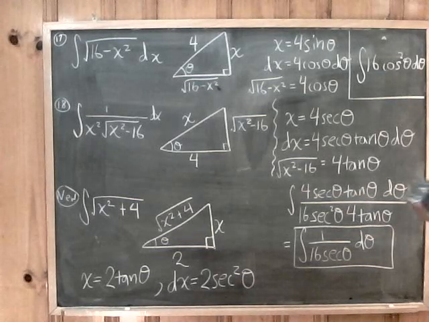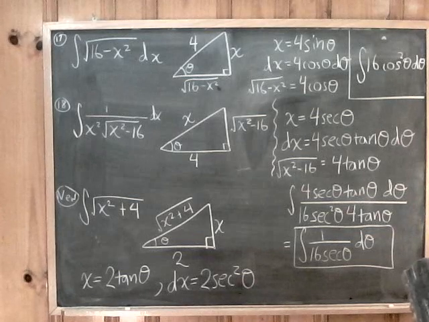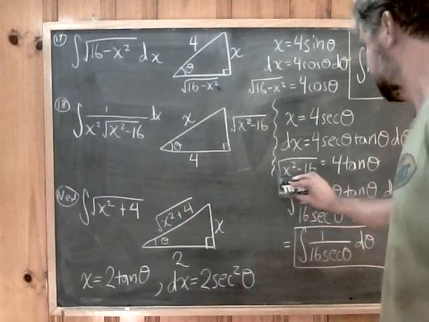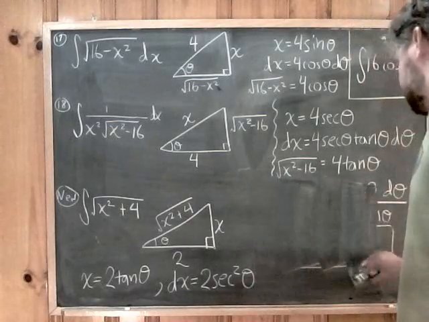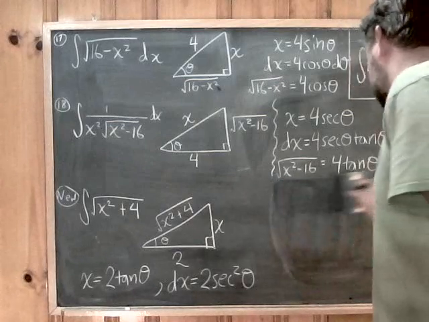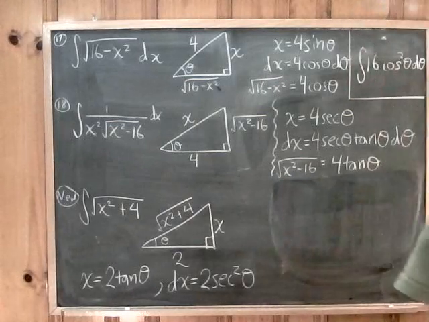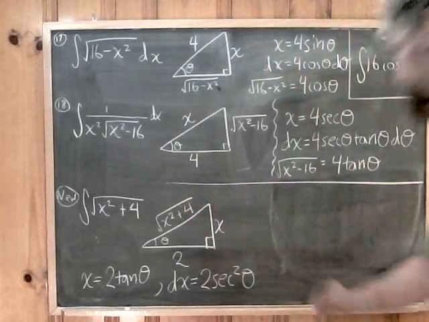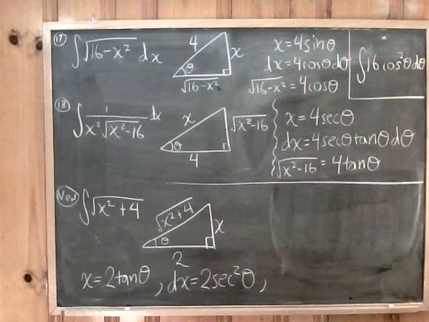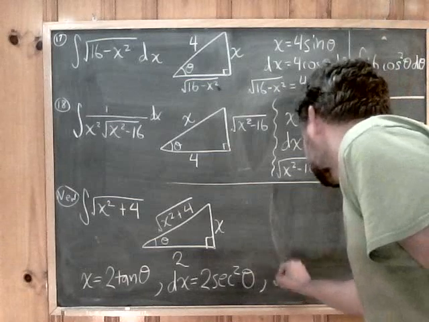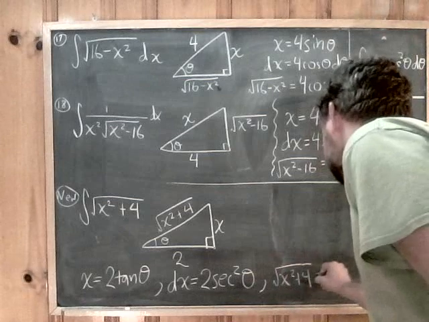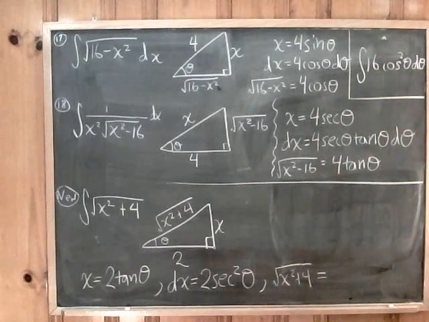I think I can go and erase the previous answer from here. And to finish this one now, the third part of the substitution is that the square root of x squared plus 4 is going to be equal to 2 times the secant theta.